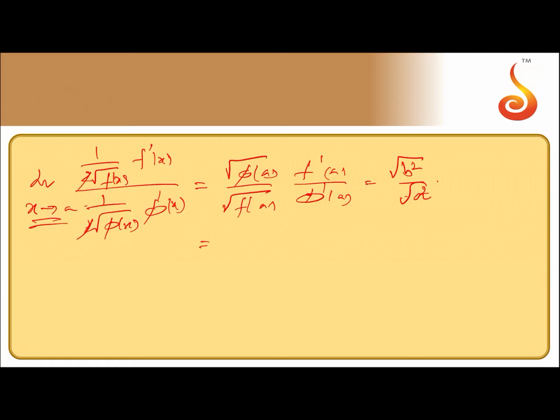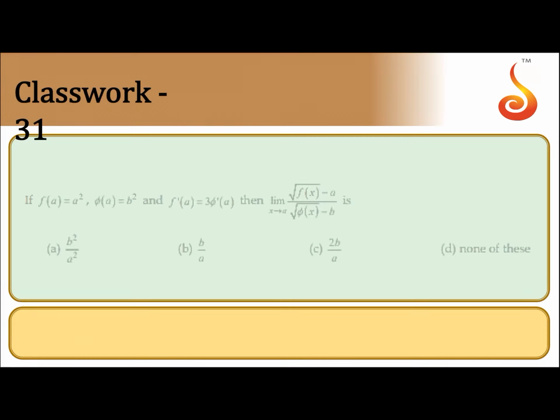So I think the derivative f dash of a is 3 times phi dash of a divided by phi dash of a. So these two get cancelled and we get 3b by a as the answer. But there is no 3b by a among the options, so the answer is none.